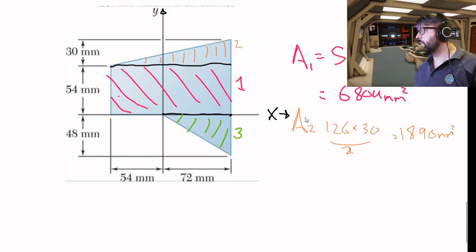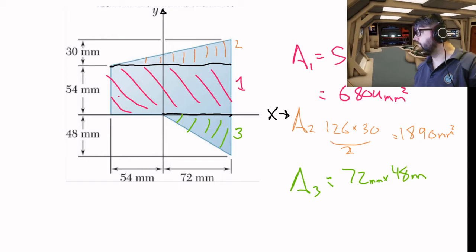And similarly, our A3 is equal to 72 millimeters times 48 millimeters divided by 2.